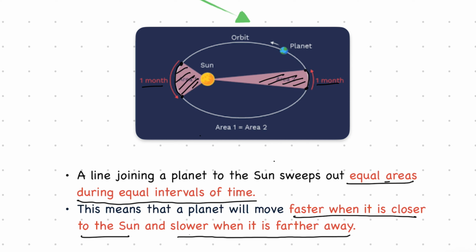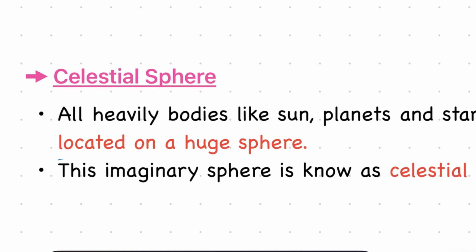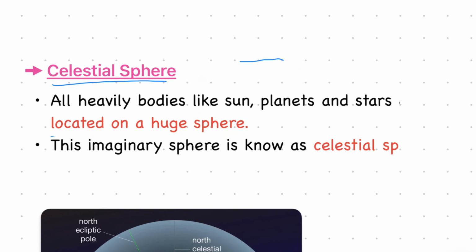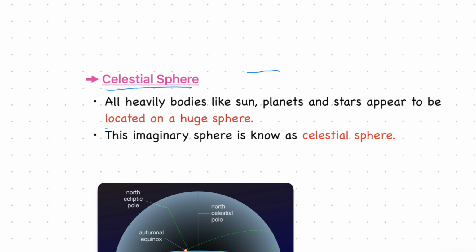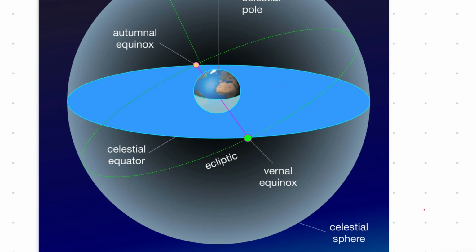Now guys, we all know Earth is revolving around the sun in some space or area, and that space or area we call the celestial sphere. Okay, all heavenly bodies like sun, planets, stars appear to be located on a huge sphere, and this imaginary sphere is known as the celestial sphere. Let's imagine this gray circle is our celestial sphere.